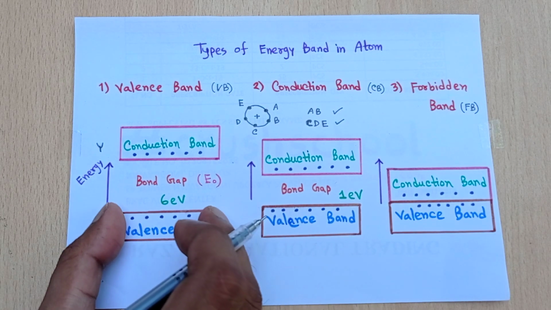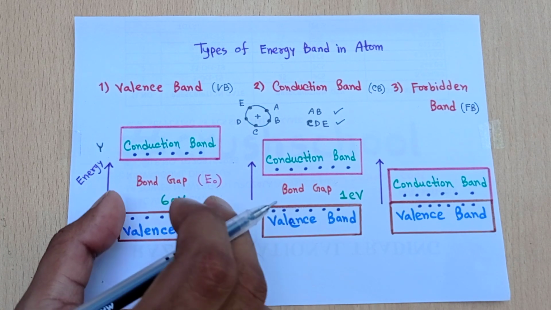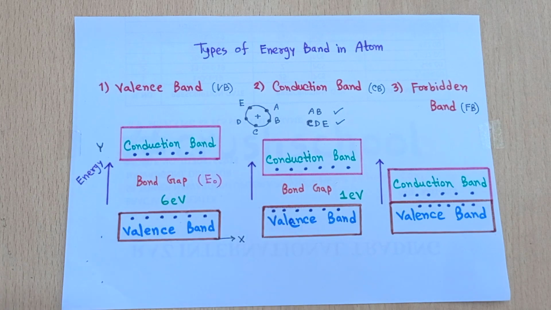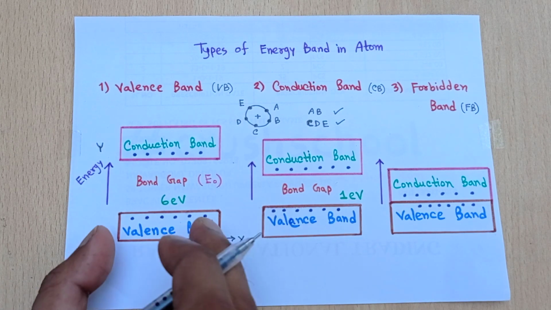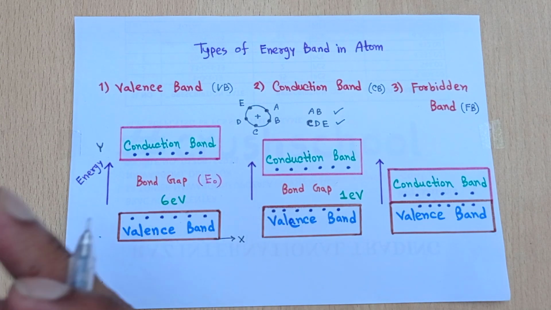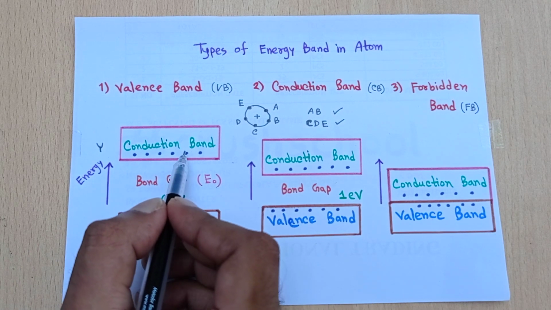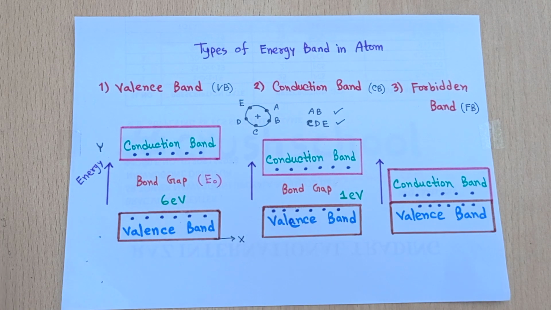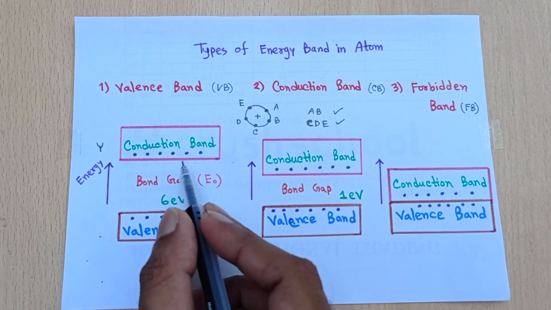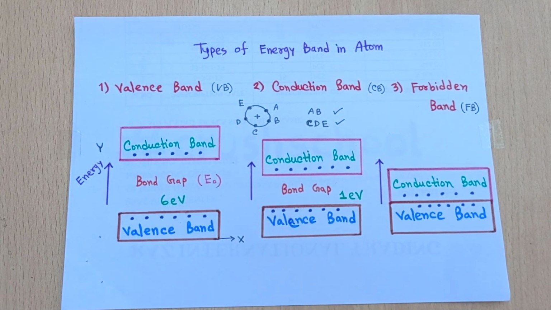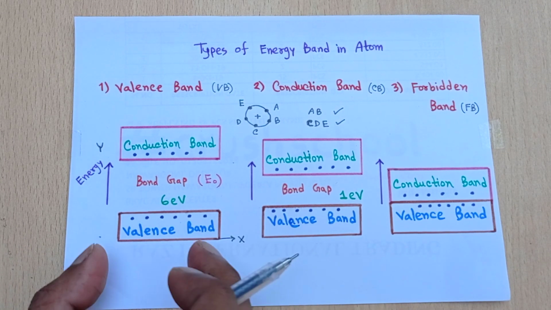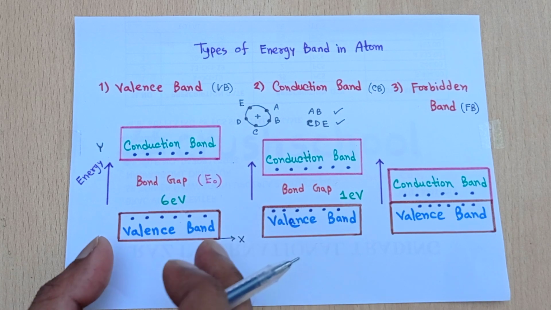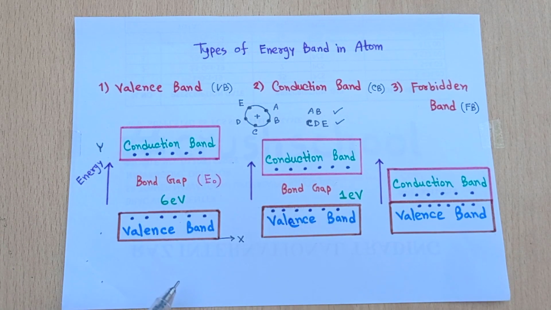The electrons of the valence band are trying to achieve the conduction band level energy, and when an electron achieves the conduction band level energy, then this electron can easily and freely move from one atom to another atom. But there is no chance because the gap is very high, and the electron of the valence band cannot go from the valence band to the conduction band.